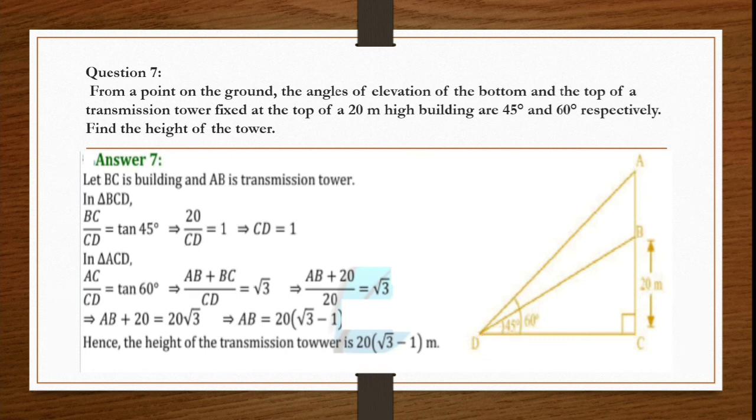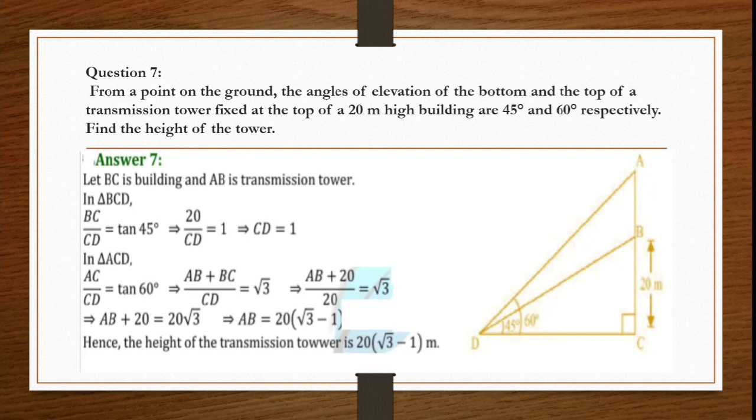So here are two right angle triangles. One is BCD, where the acute angle is 45 degree, right? And there is another right angle triangle which is ACD, where the acute angle is 60 degree. I have to find the value of AB.